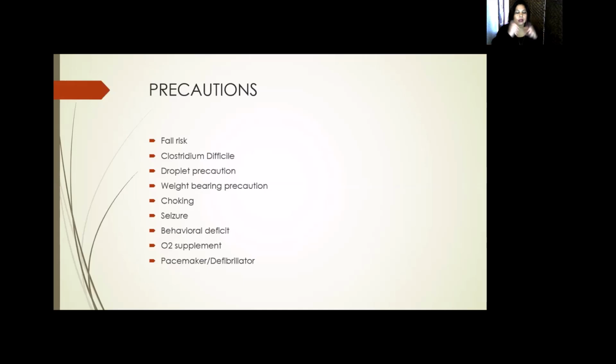So this is where you put the gloves, the mask, and the gown on and treat the patient inside the room. And you have to put this in the precautions, so whichever therapist is going to treat the patient next will know the precautionary measures they have to do before entering or treating the patient.